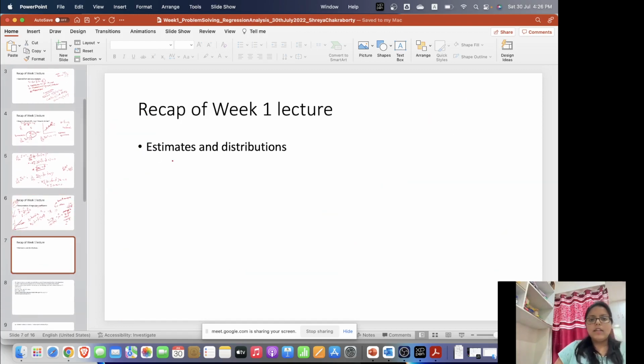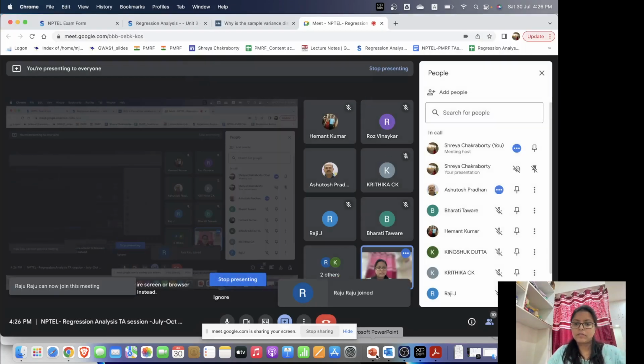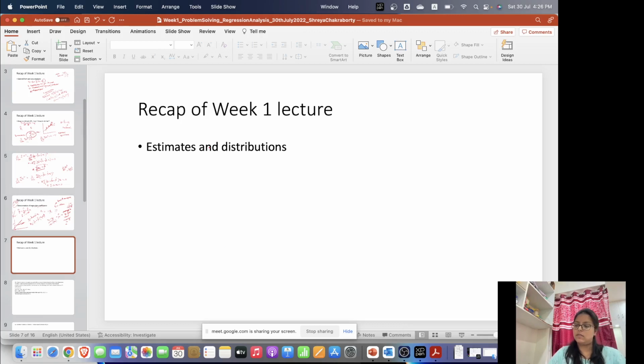So finally, by the normal equations, and you can see the detailed derivations in the lectures, we arrive at the estimates and their distributions. So beta 1 hat, anybody remembers what the estimate comes out to be?